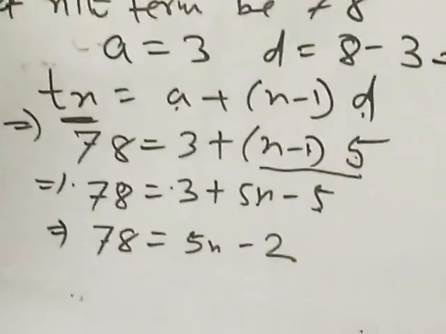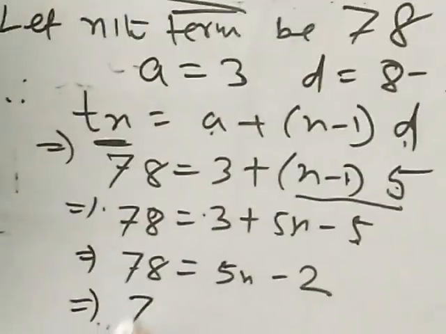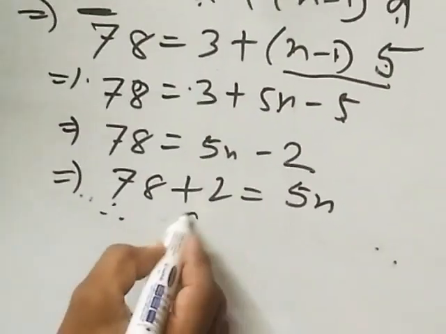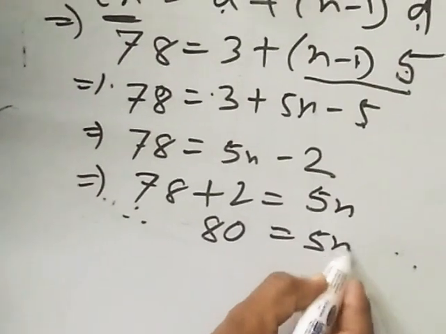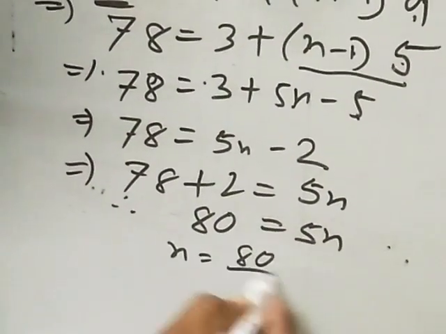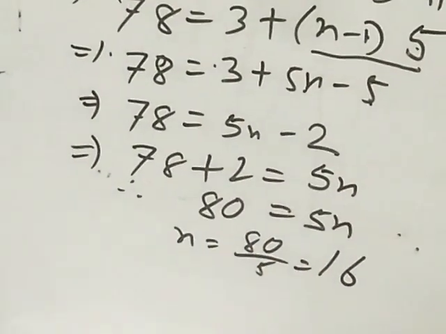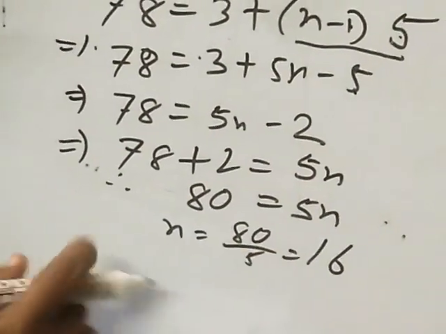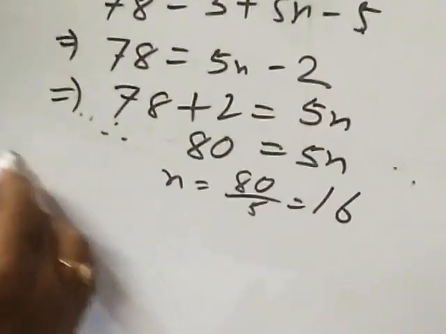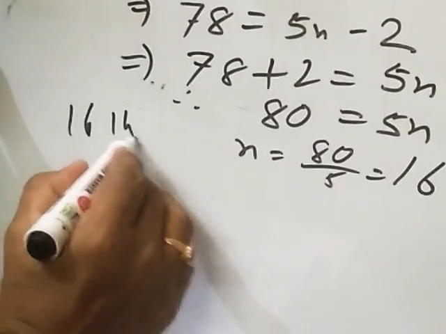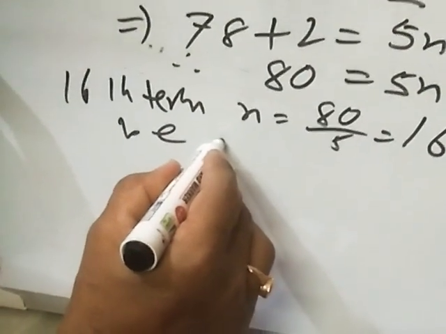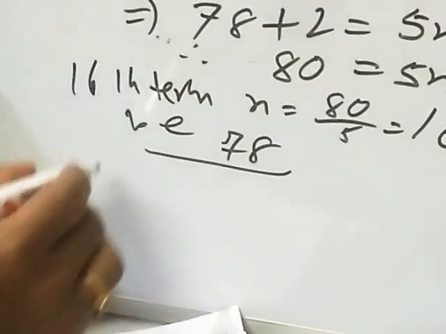Next: 78, then minus 2 here, 5n. Therefore 80 equals 5n. n equals 80 divided by 5, equals 16. Got it, everybody? So write down: the 16th term is 78. Clear? So this is the fundamental of arithmetic progression.